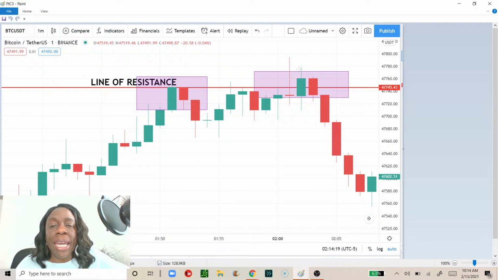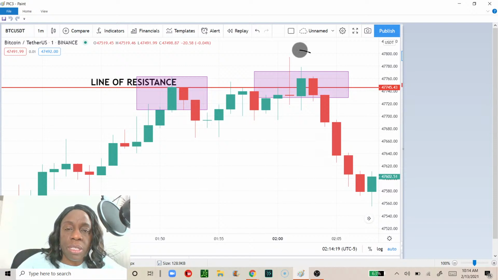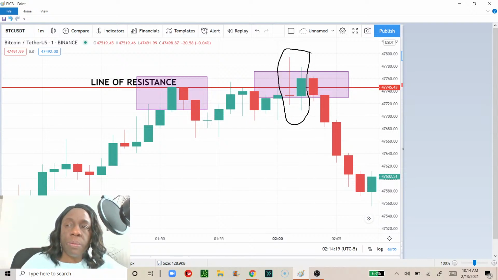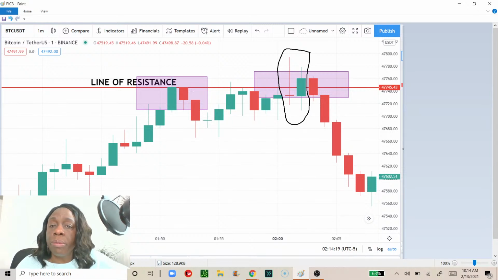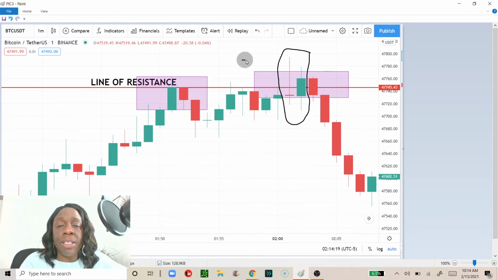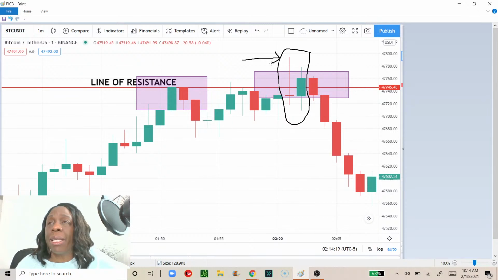Now, when we get to this arrow, I'm going to point to these two boxes. The first candlestick is what is called a Gravestone Doji. So what happened is price action did break out. It ran all the way up here, but within the space of 1 minute, it didn't close.